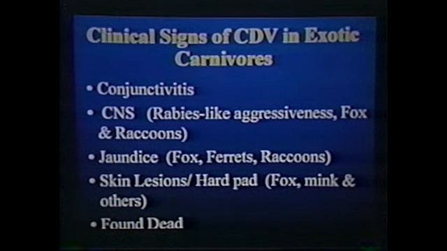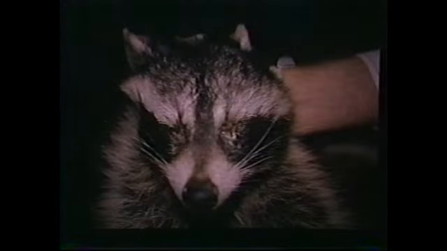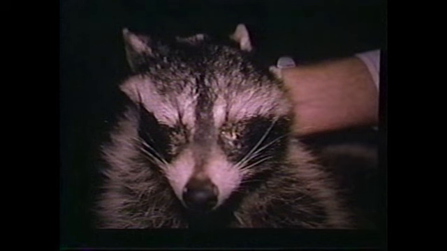In these three species, fox, ferrets, and raccoons, jaundice is often seen in animals with canine distemper, as well as some of the skin lesions, the classic hard pad disease, which I will illustrate. In other cases, the animals are found dead with very little in the way of any clinical signs.